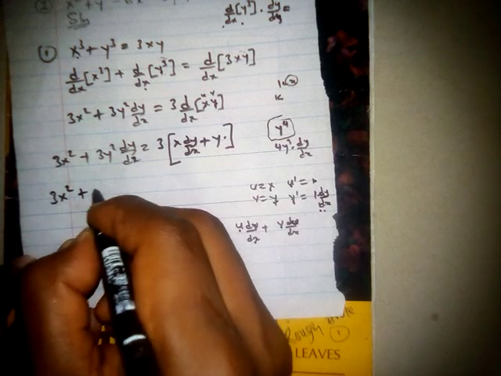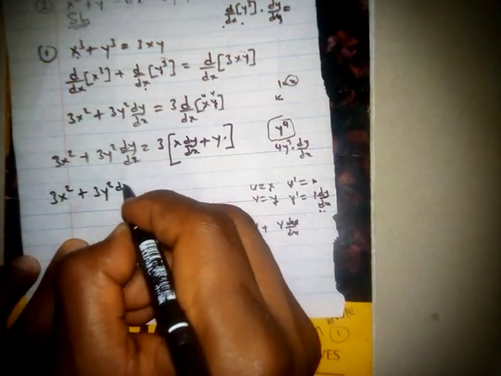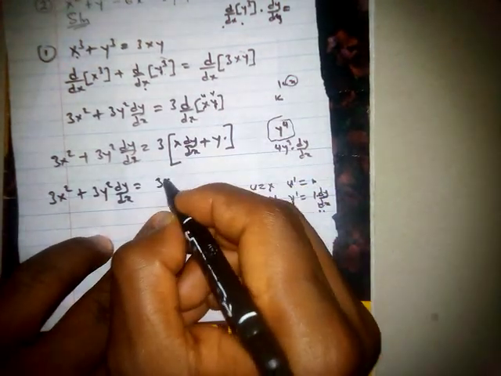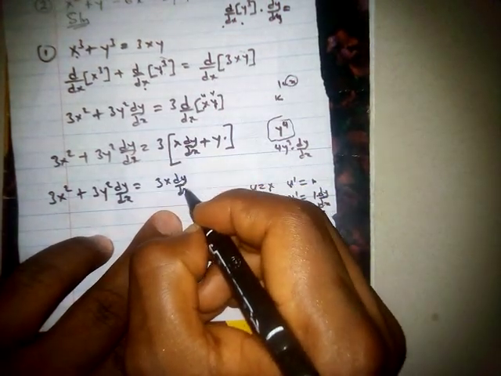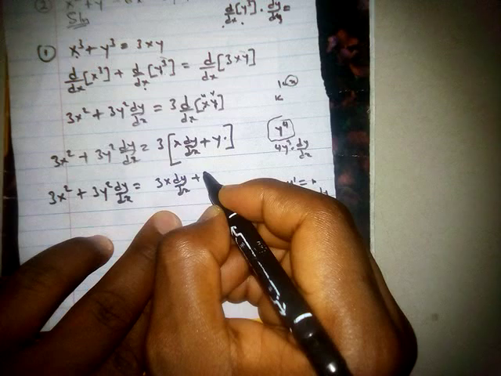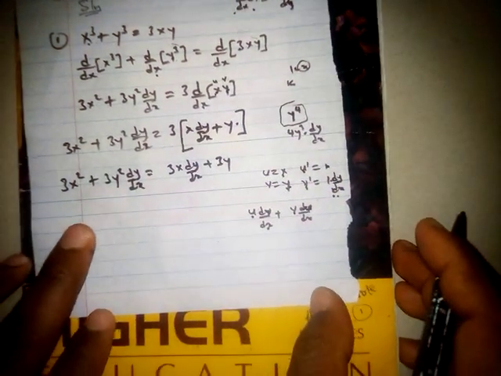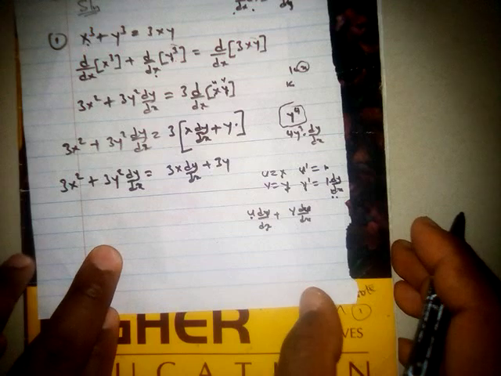Now the next thing we do is simplify. So this becomes 3x squared plus 3y squared dy/dx is equal to 3x dy/dx plus 3y. So we collect like terms.